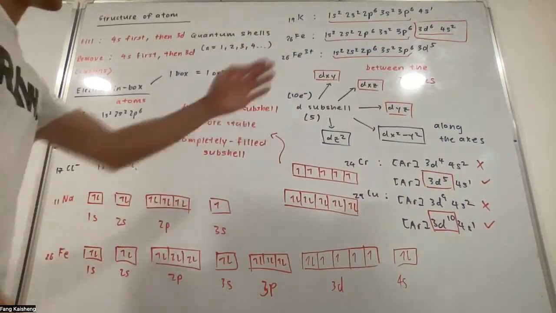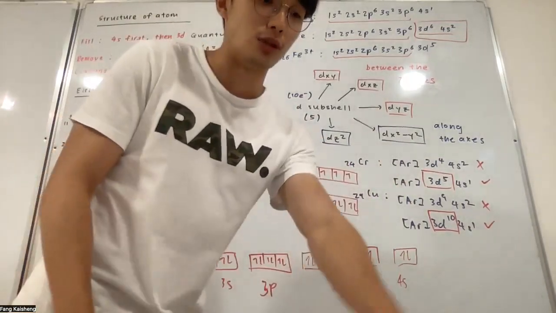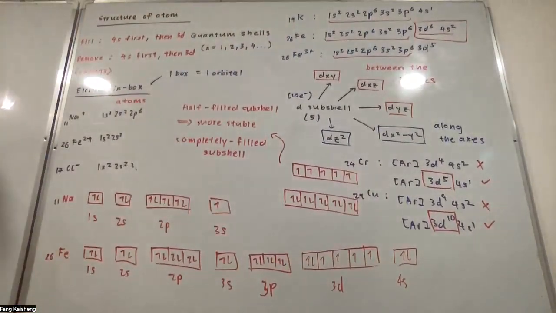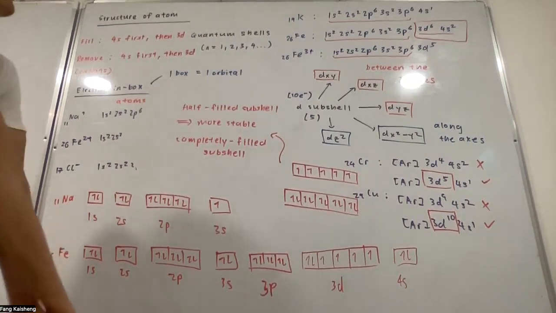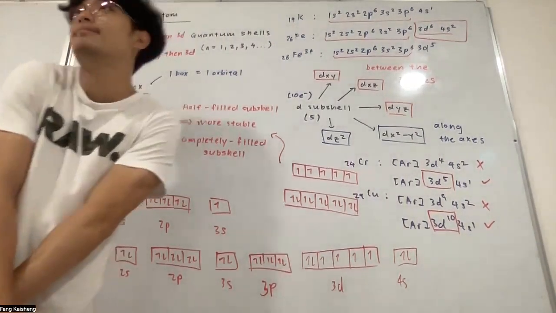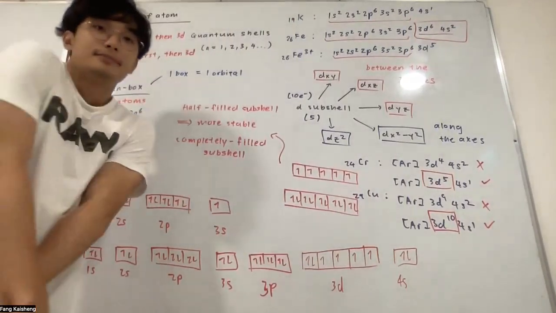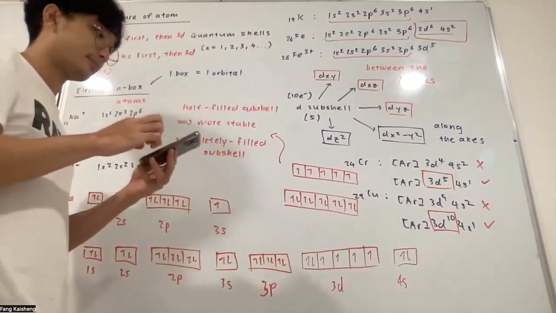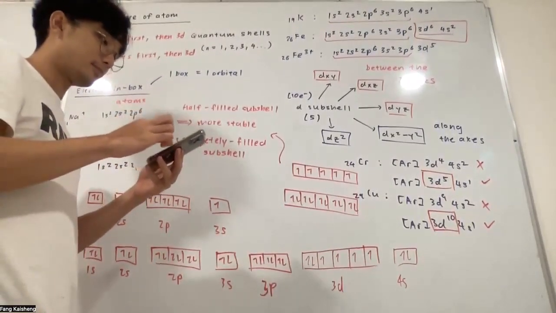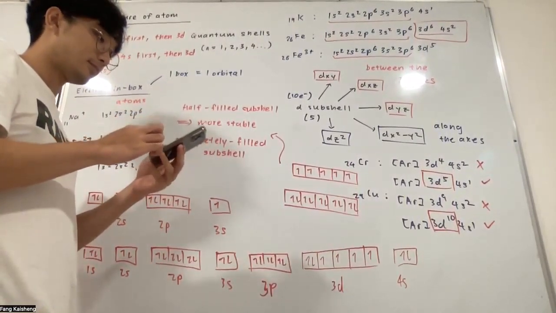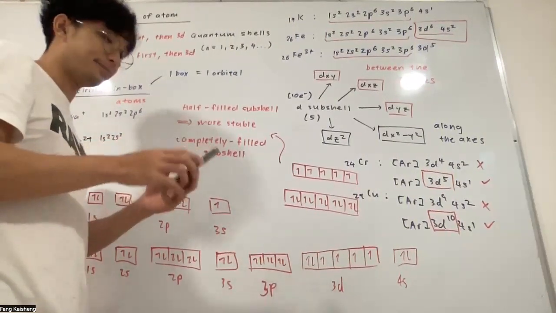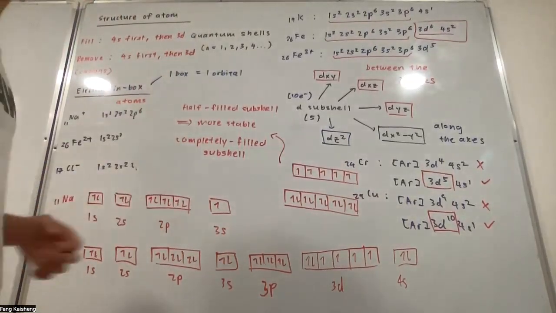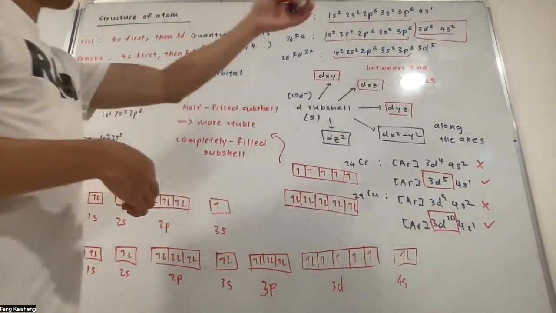Okay, and then since we were talking about chromium and copper, you can do the question on page 18. If you want to use the Argon method, go ahead, or if you want to fill up everything, also can.